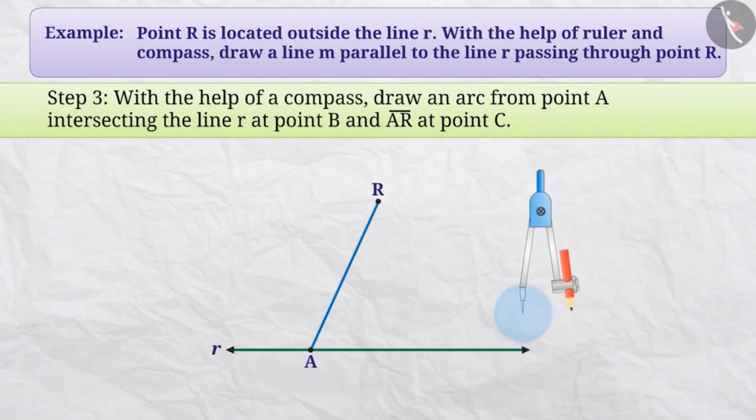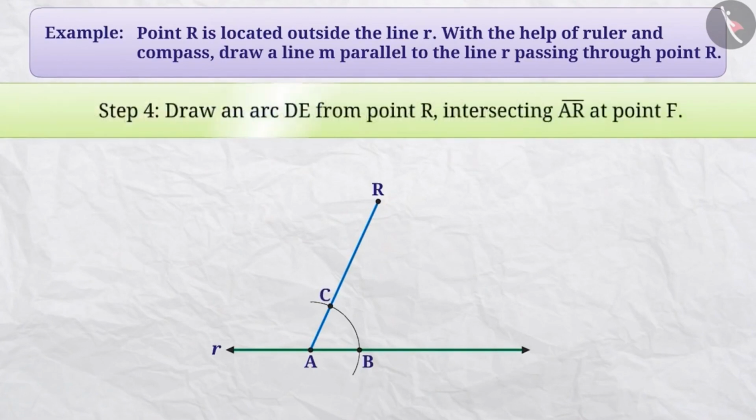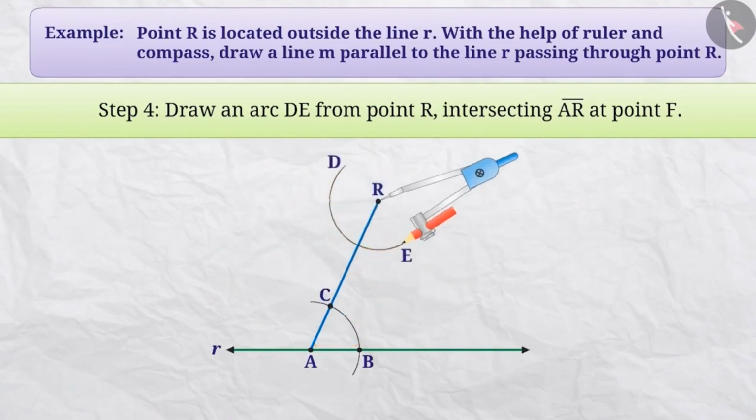Placing the pointed end of the compass at A and with A as center and a convenient radius, draw an arc cutting R at B and AR at C. Step 4. Now, with R as center and the same radius as in Step 3, draw an arc DE cutting AR at F.